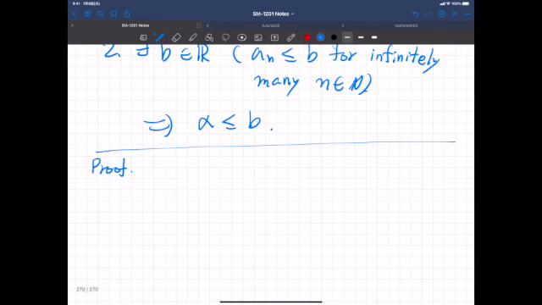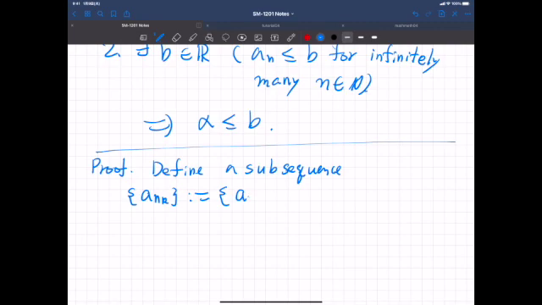First of all, let's define a subsequence. Let's call it a_{n_k}, which is defined by this condition: all elements of an such that an is greater than or equal to a.